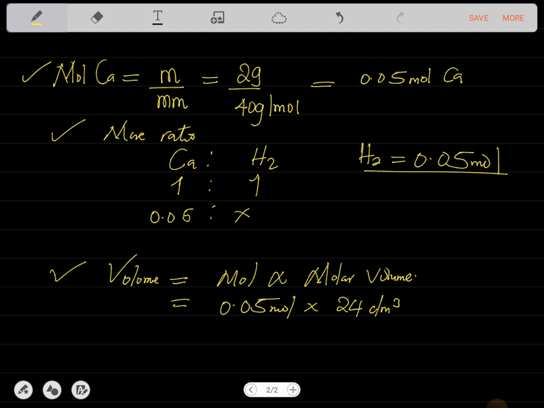If you don't want to, it's already written on the periodic table, just below there, you're going to find it. All right, so 0.05 multiplied by 24. And I'm getting a volume of hydrogen to be 1.2 cubic decimeters. Or if you multiply this one by 1000, it will take you to 1200 cubic centimeters. You are still fine, my dear.